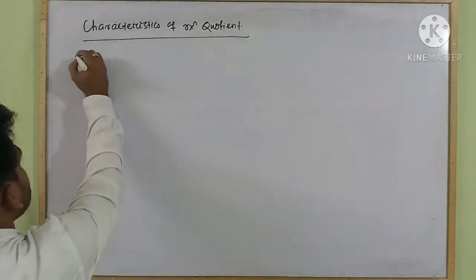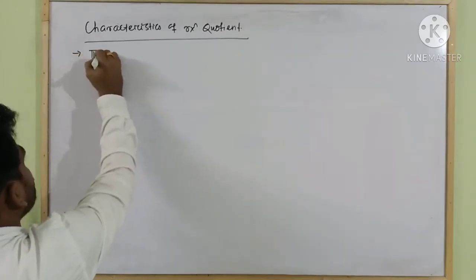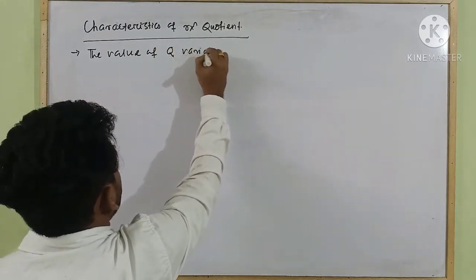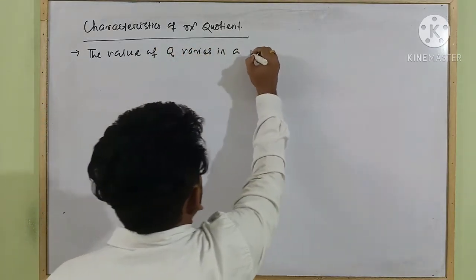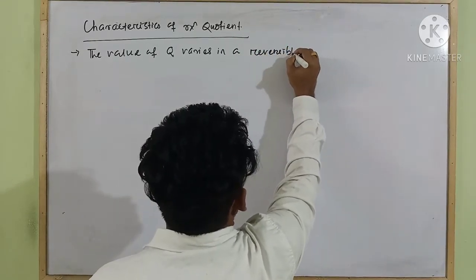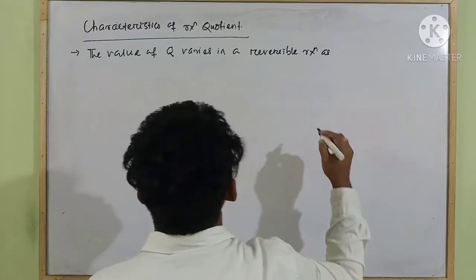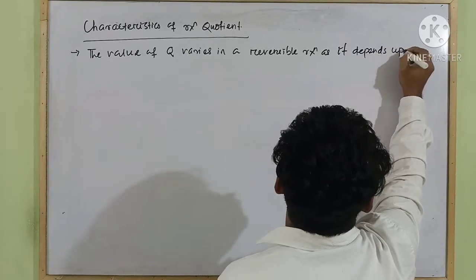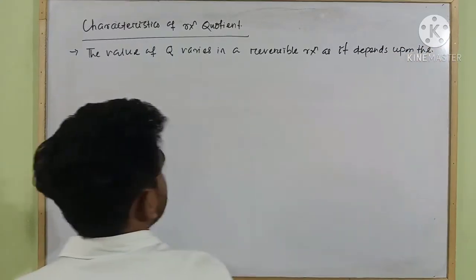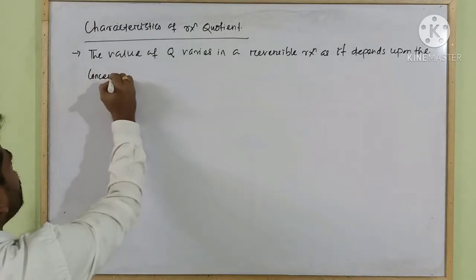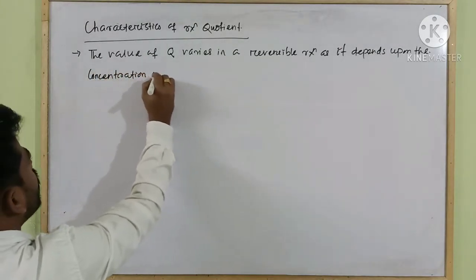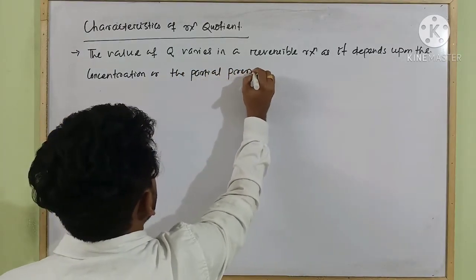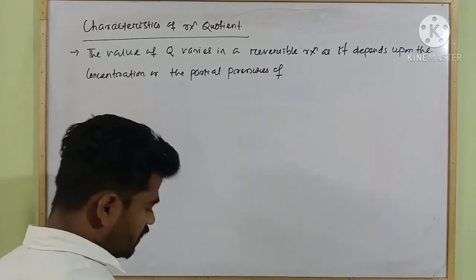So I can write over here, the value of Q varies in a reversible reaction as it depends upon the concentration or the partial pressures of reactants and products.